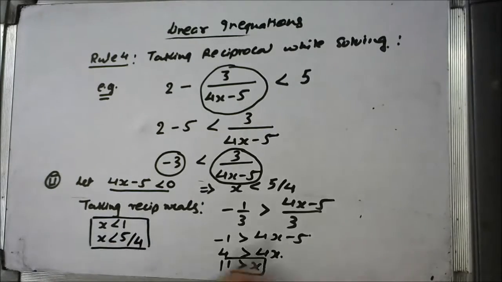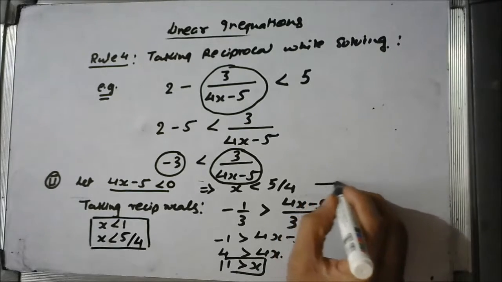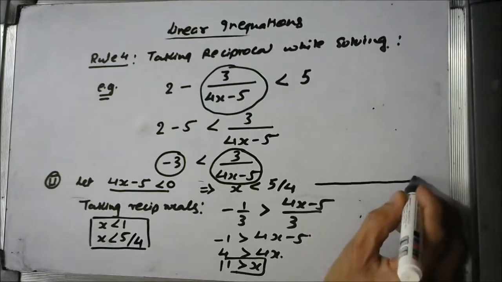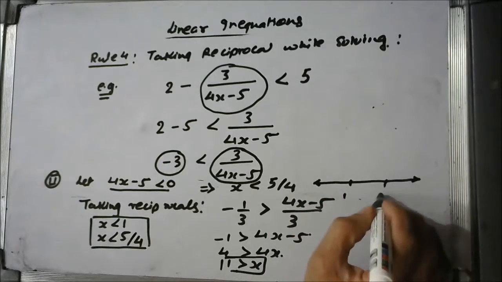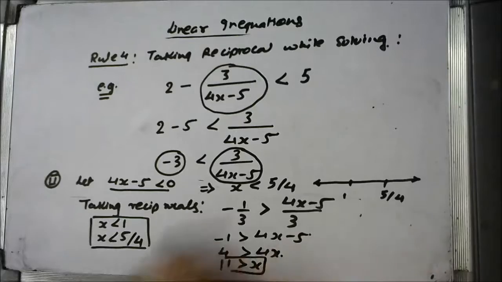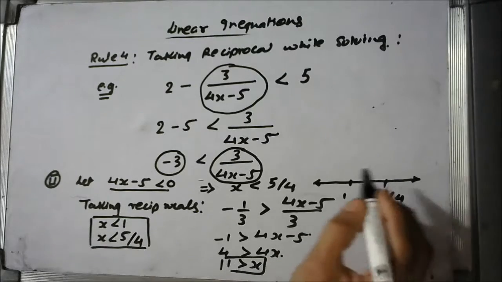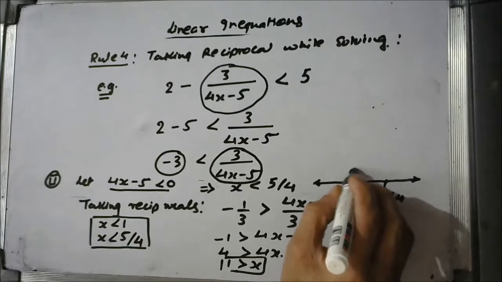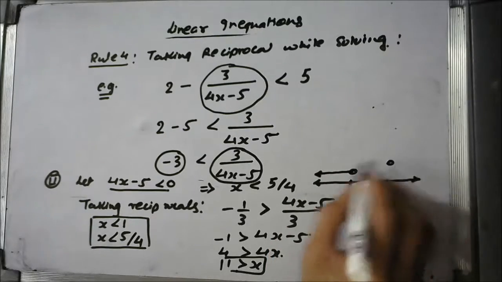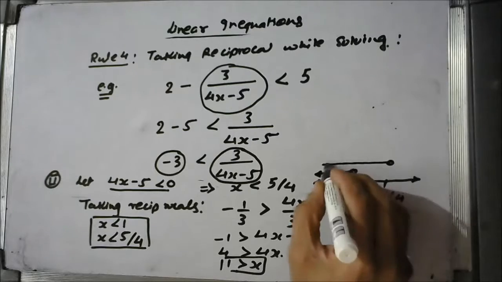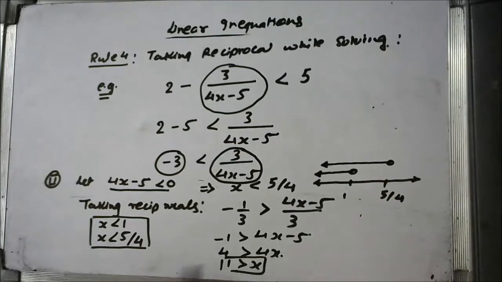So once again, using the number line, I can find out the values of x which satisfy both the inequations x less than 1 and x less than 5 by 4. So in this case, solution is x must be less than 1.